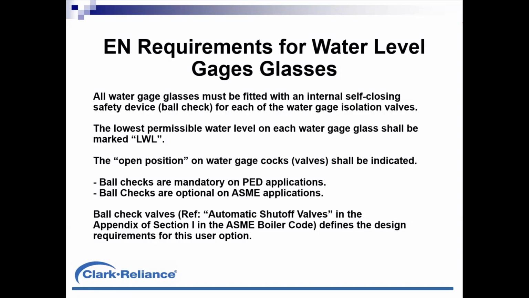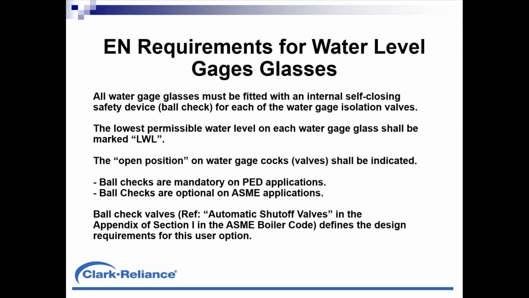On the water valve gauge cocks, they should be identified if they're opened or closed, or be obvious to the operator by their installation. We'll talk about a couple examples there in a moment. Ball checks are mandatory on the PED applications for gauge glass. They are optional in ASME, covered in the appendix, subsection A18 in section 1 of the ASME boiler code.